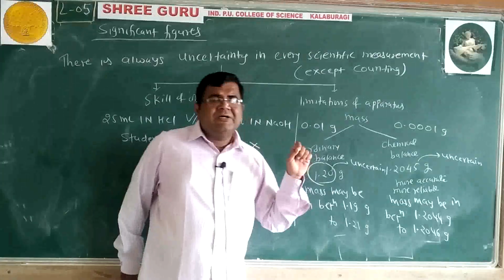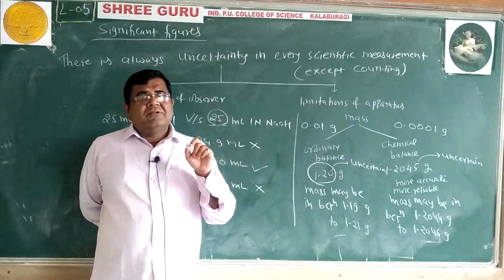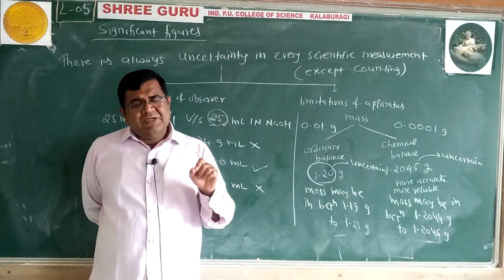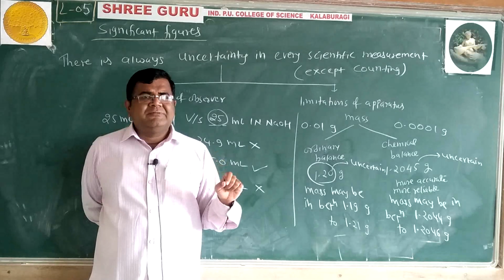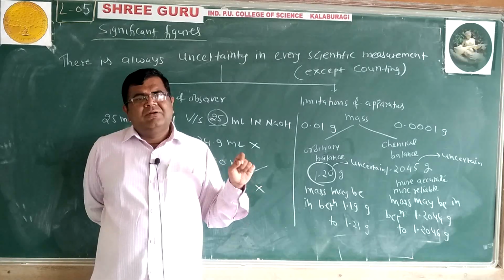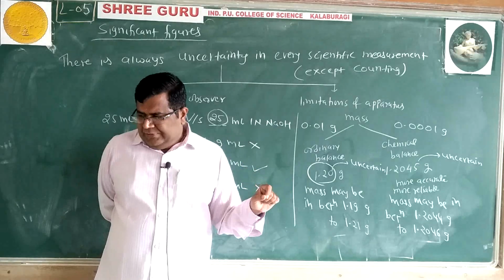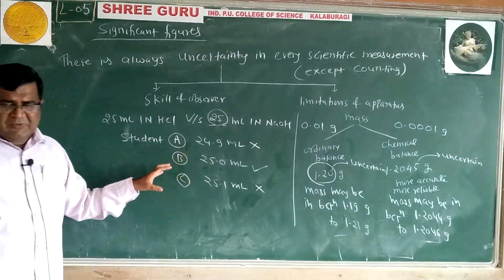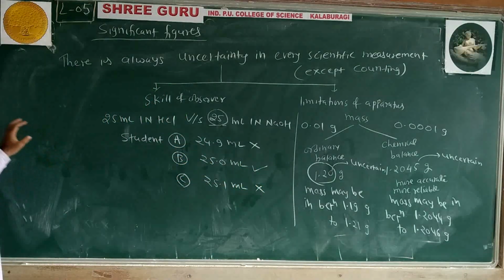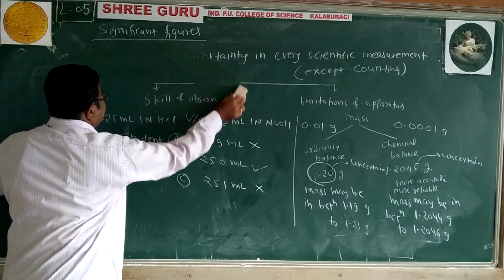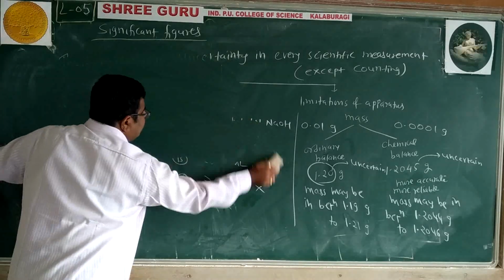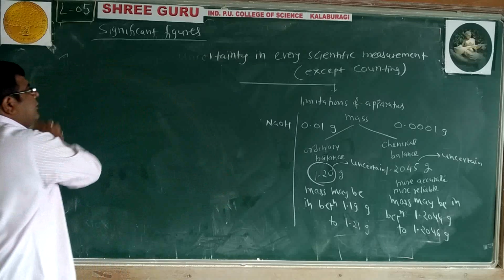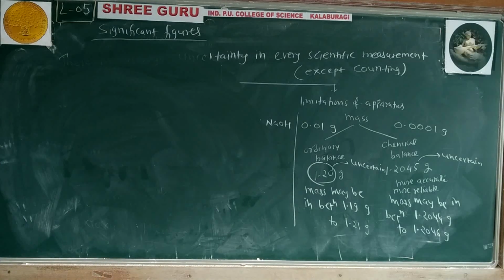So significant figures is nothing but the number of figures which are certain plus 1 doubtful figure. So you just make notes of this, because then you will understand the definition of significant figures.